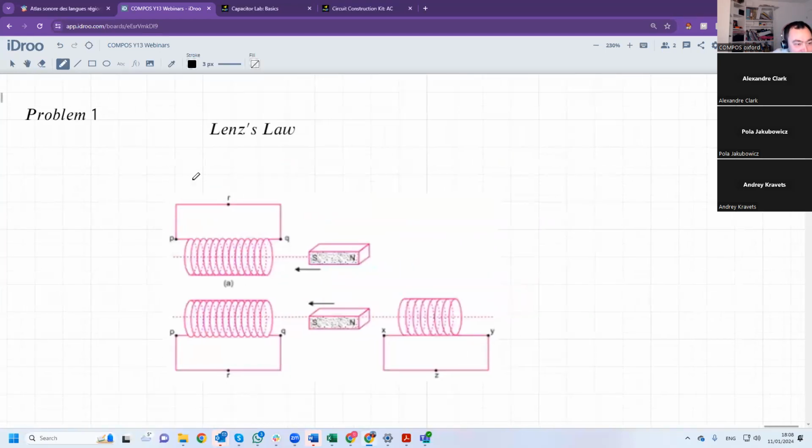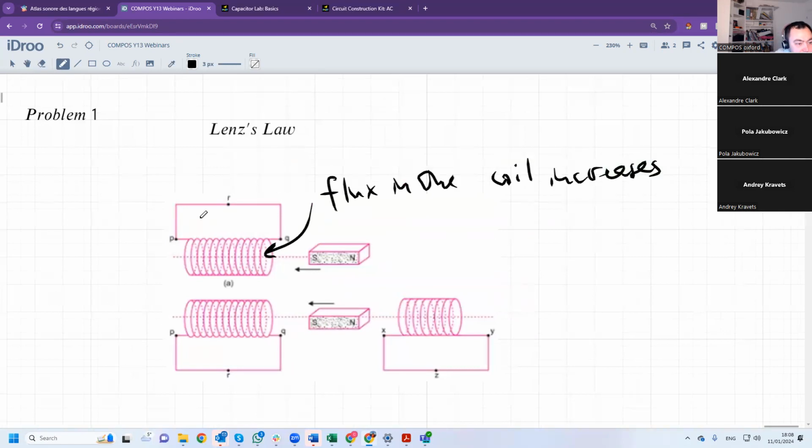So you have a coil, and you have a magnet moving into the coil. As the magnet moves into the coil, the magnetic field, or the flux, in the coil increases.